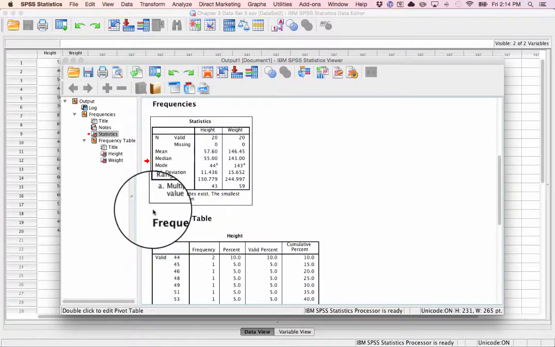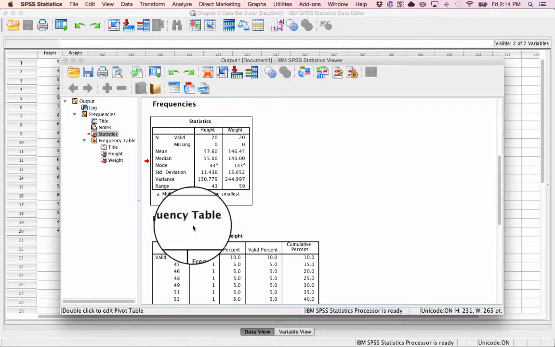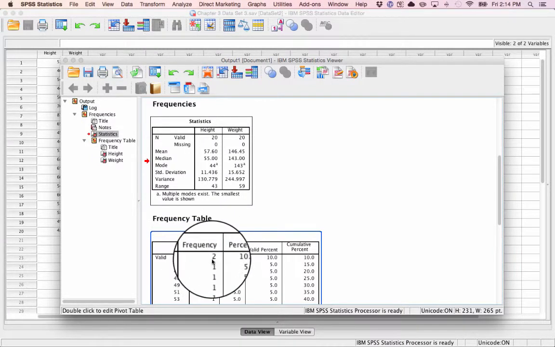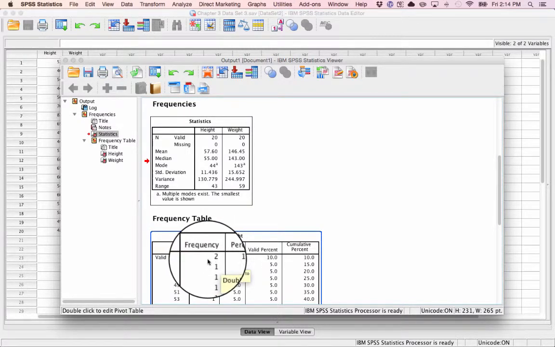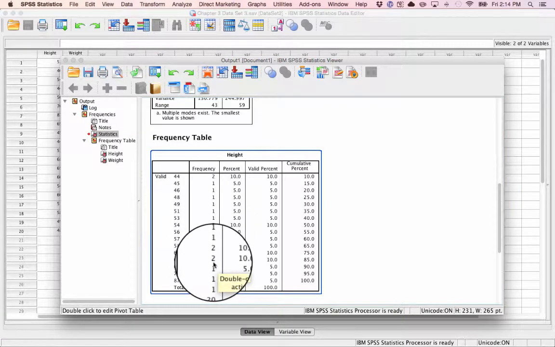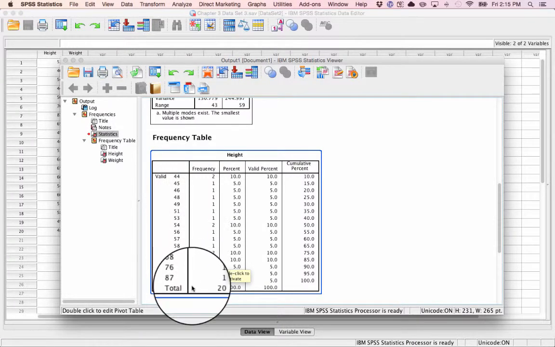Next, you will find the frequency table, and there is a frequency table for each individual variable you have chosen, and it lists the data point and the number of subjects that were a part of this data point. For example, 2 women were 44 inches tall, and 1 was 45, etc. This can be very useful when it comes to looking for outliers.